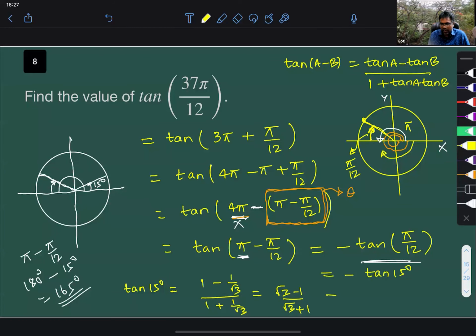If you rationalize this, you should end up having 2 minus root 3.